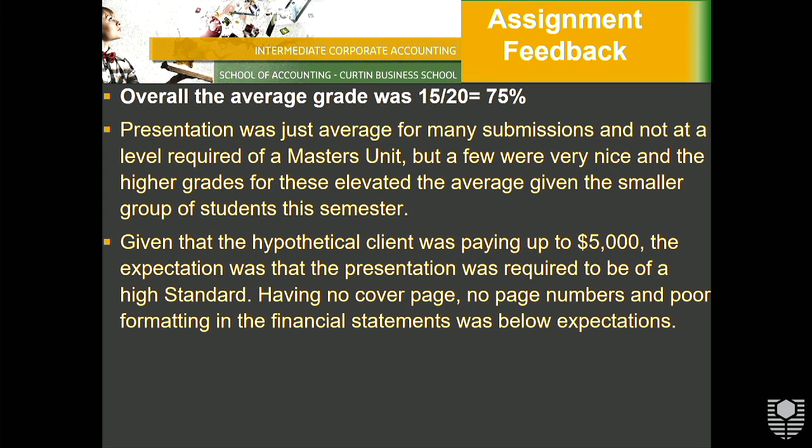So some of the presentations were, in my opinion, just a little bit average, but most people that submitted, if it was a bit average, then you know that it was a little bit average. There were a couple that were really nice as well, so they did a good job and they made sure that they elevated it.